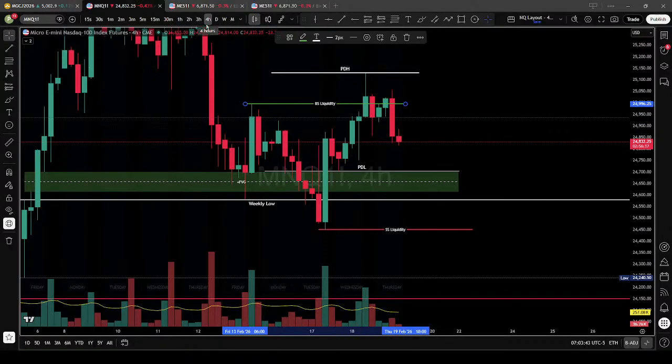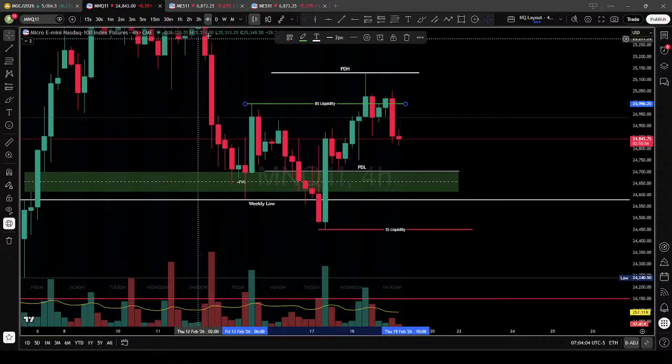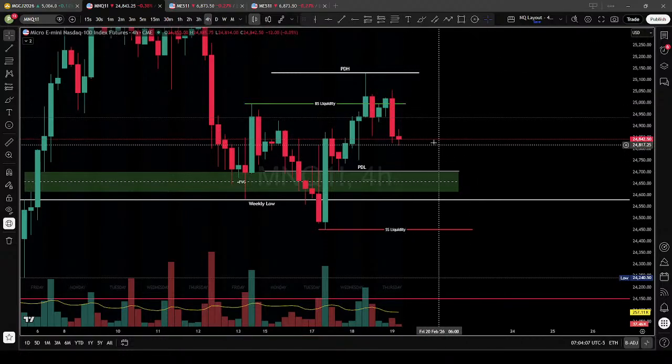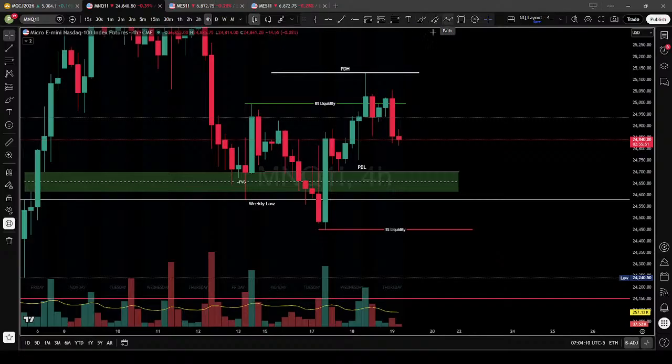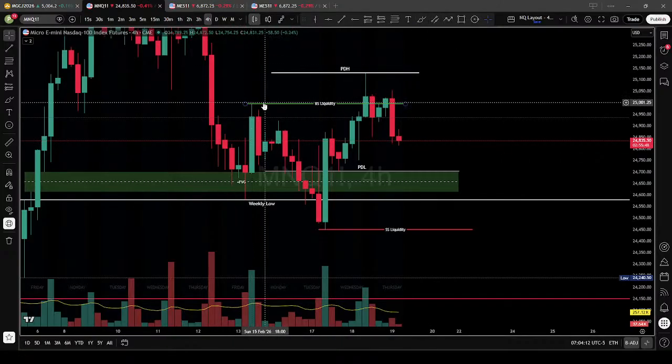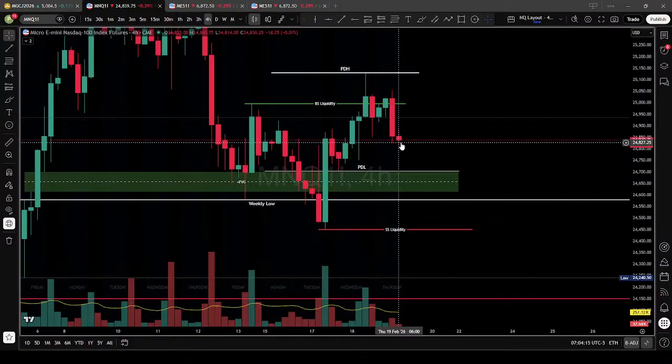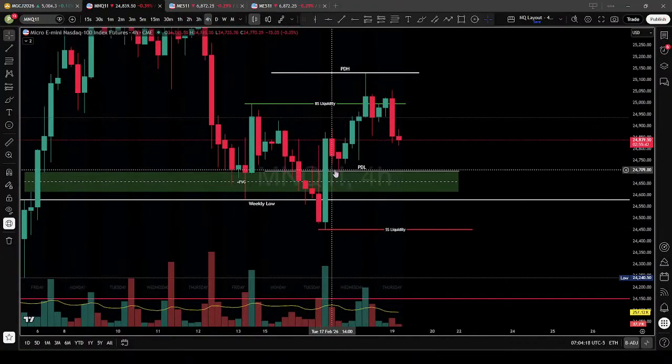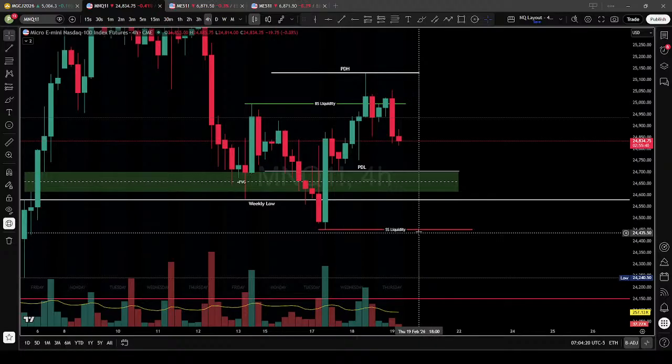So what we'll write on a 4-hour time frame: internal swing high taken and rejection. In such cases, if this starts flowing down, which means this liquidity high is taken, now if this fails, then the price will tend to move to take this liquidity and eventually this liquidity level.